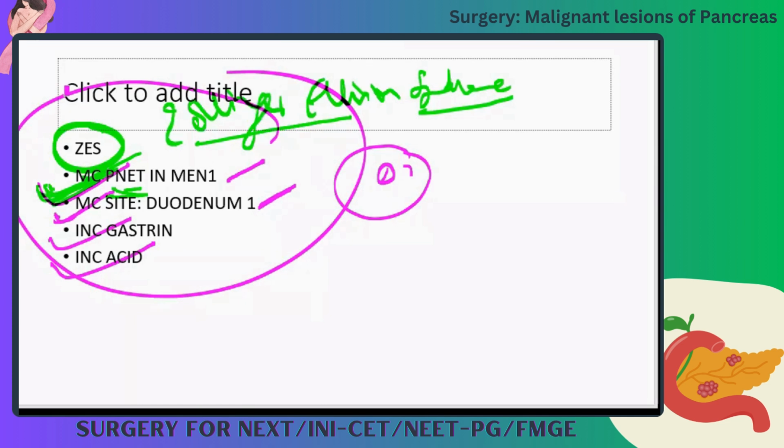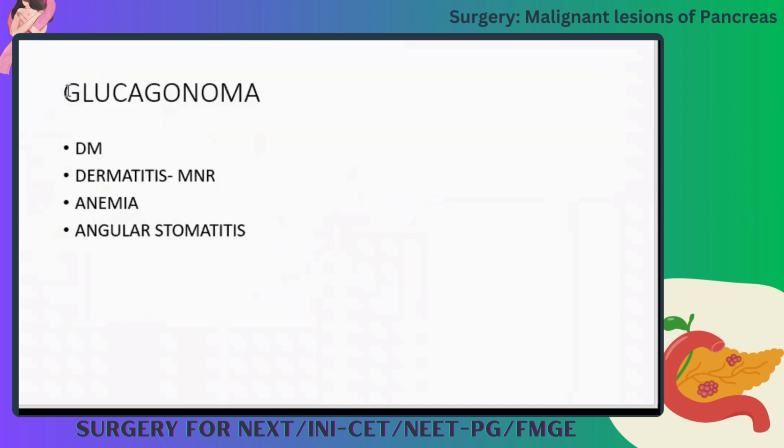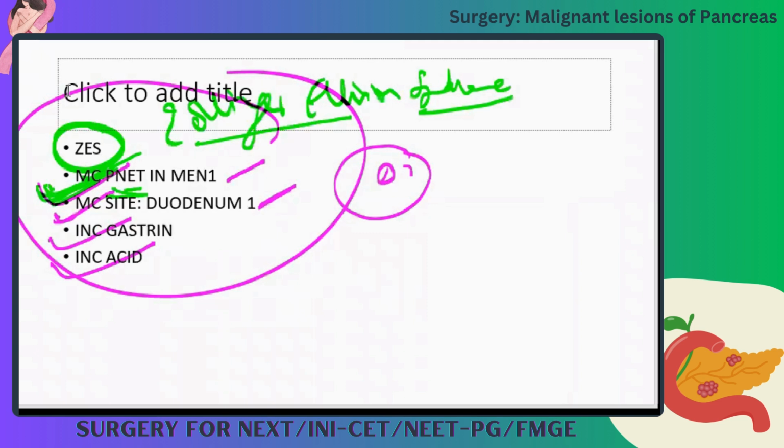If you do endoscopy and the ulcers are in an unusual location, then we have to think that the patient is having Zollinger-Ellison syndrome. He might have some gastrinoma. Clear? Ulcers at unusual location, think of Zollinger-Ellison syndrome.